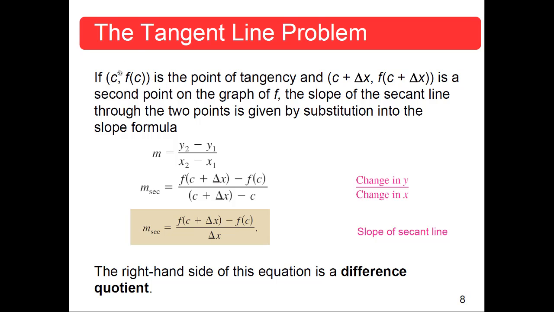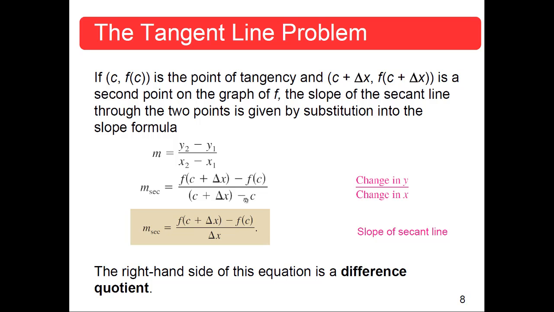So we have, let's call it, a point P and a point Q. If we want to find the slope of the line that connects P and Q, just apply the slope formula, and if we call this x1 and y1, and this x2 and y2, we have the expression f of c plus delta x minus f of c divided by the difference in your x values, c plus delta x minus c.